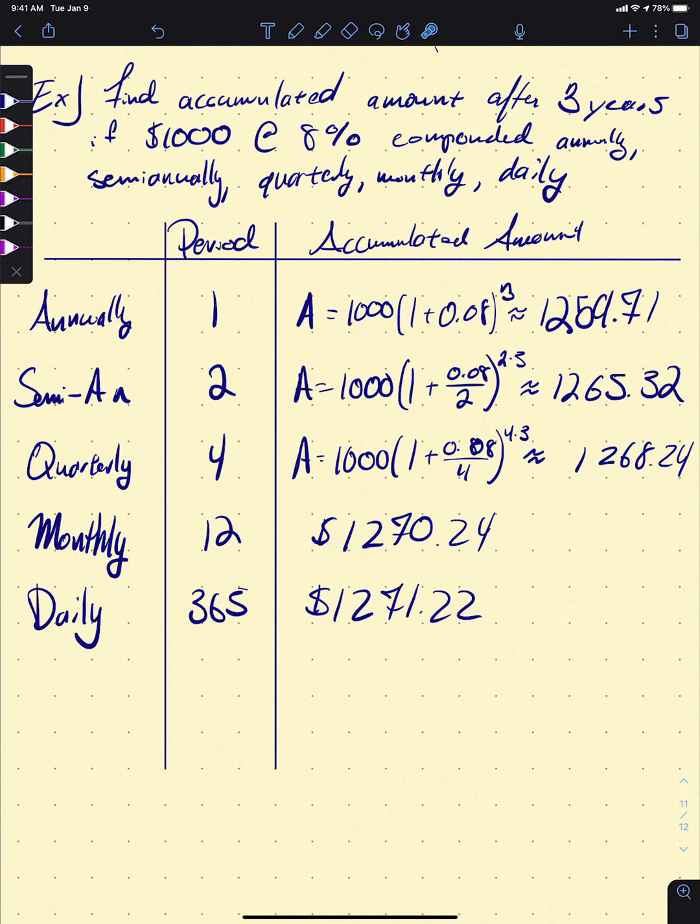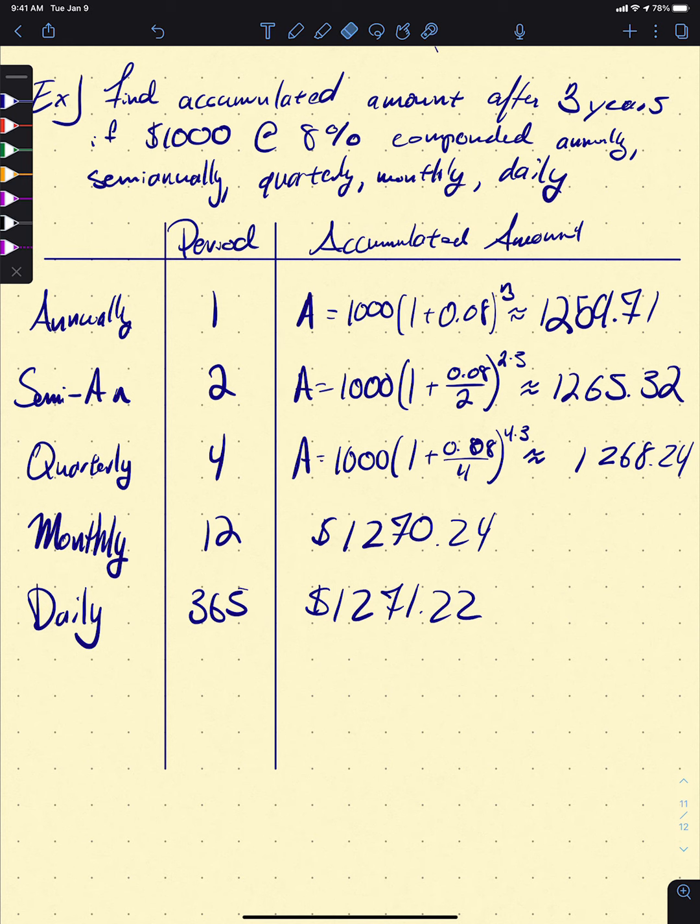It's 8% per year, but compounded monthly, it just doesn't quite make the most sense, right? It would be nice if we could have a simpler value to where we could just do something like this, right? Because this is comparatively much easier to calculate than something like this, or even what you would have to do in the case of the daily.